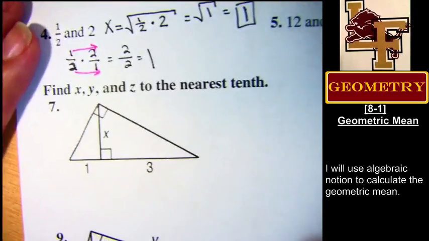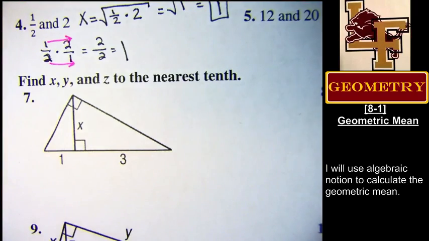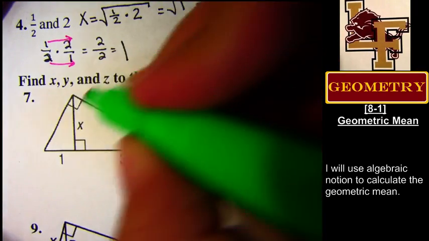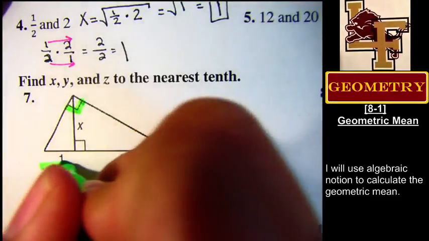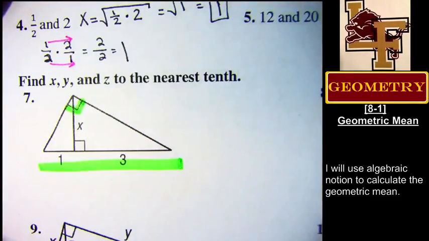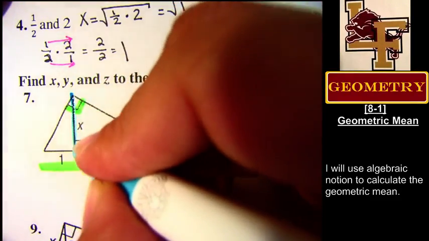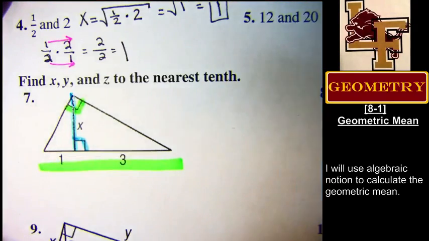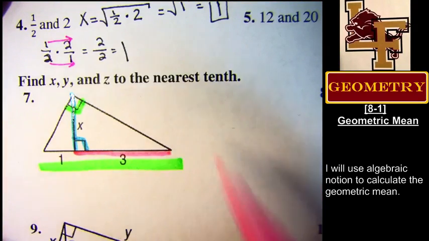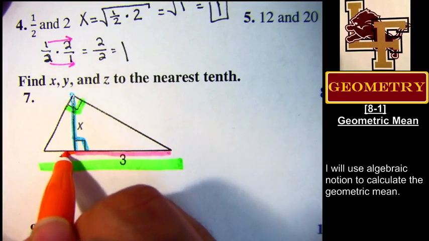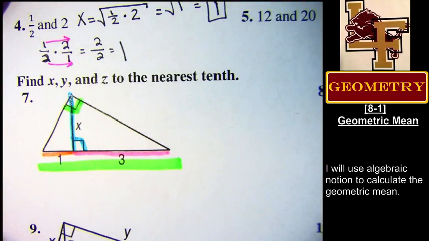We're looking at number 7. Do I have a big right triangle? Yes, here's the right angle, so here is the hypotenuse. That makes this the altitude, and these are the two pieces that the hypotenuse got cut into by the altitude.